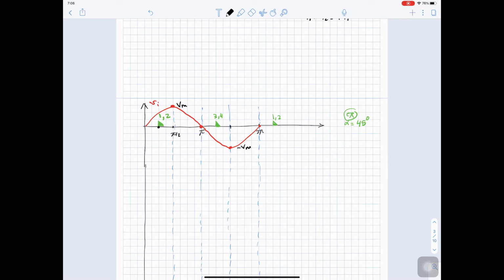So here we are firing 1 and 2. Thyristor 1 and thyristor 2 will be conducting until we fire 3 and 4. When we fire 3 and 4, they will take over, and they will be conducting until we fire 1 and 2 again. Here are thyristors 3 and 4. And here we start again with thyristors 1 and 2 until we fire 3 and 4 again.